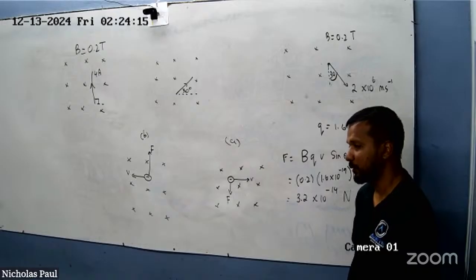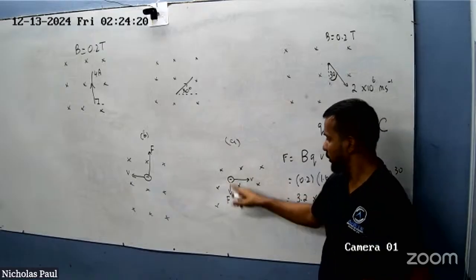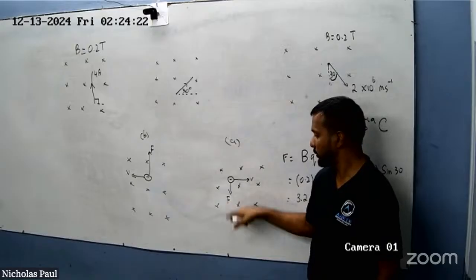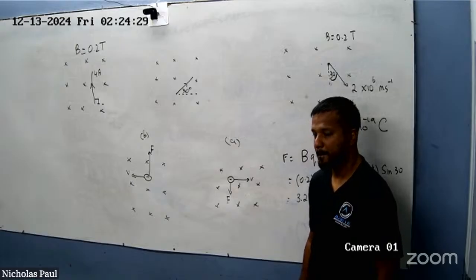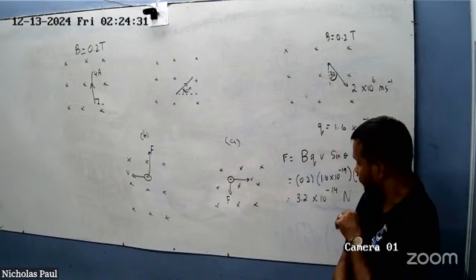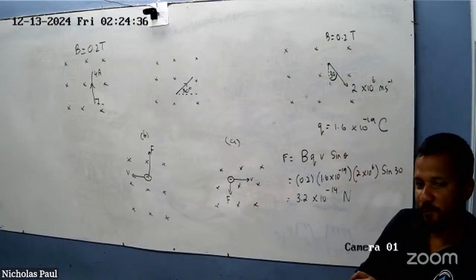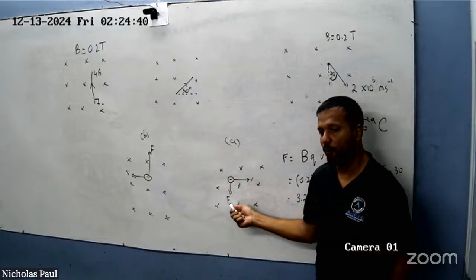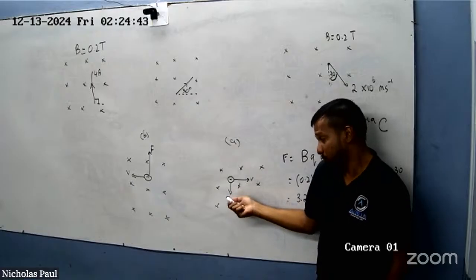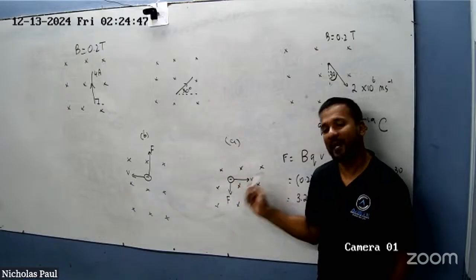And also it will come down here. So the force is down, right? Think about it. The question is what path the electron will follow.